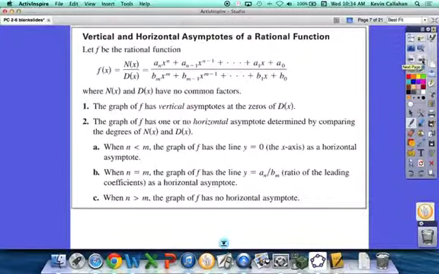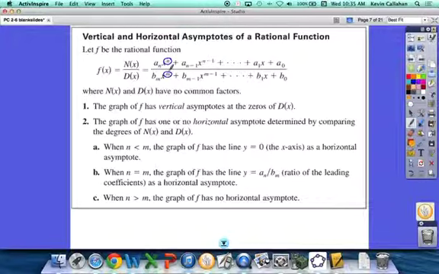So here's all of our rules for finding those asymptotes. If you have a rational function, right? It's a polynomial in the numerator, a polynomial in the denominator, right? Each one has a degree, which is the highest power of x. In the way that it's written here, the degree of the numerator is n, and the degree of the denominator is m. Okay?